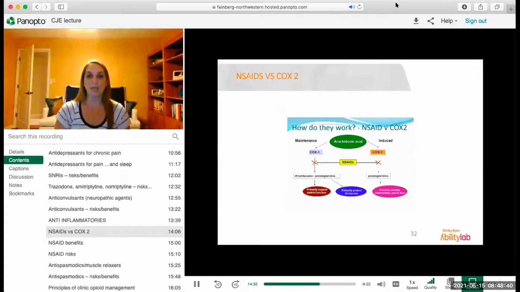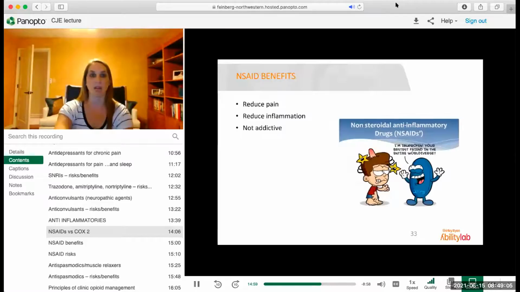The reason that's important is COX-2 primarily mediates pain, fever, and inflammation, so those are more limited to those things. COX-1 supports platelet function and the GI mucosa. So a regular NSAID comes with more bleeding risk and more GI distress than a COX-2, since those are more protective for those areas.